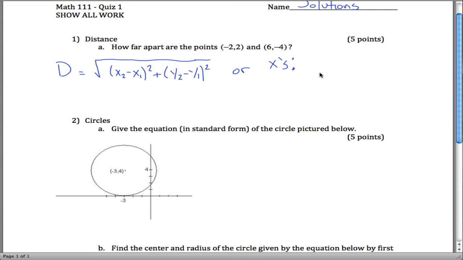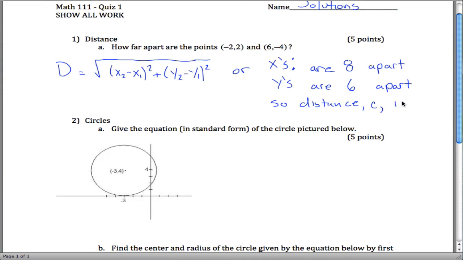The x's, -2 and 6, are 8 apart. And the y's, from 2 to -4, are 6 apart. So the distance, which maybe I'll call C, is given by, let me rewrite that.